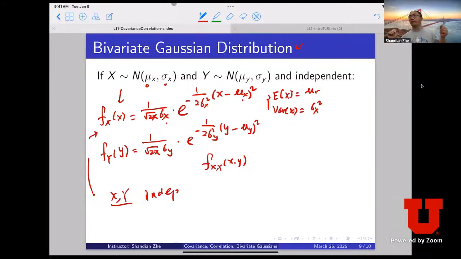What's the form of the joint PDF? Any thought?